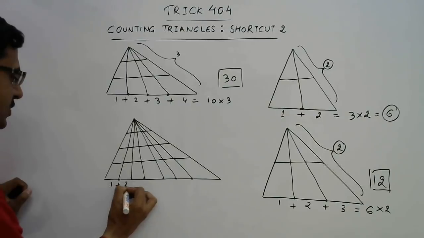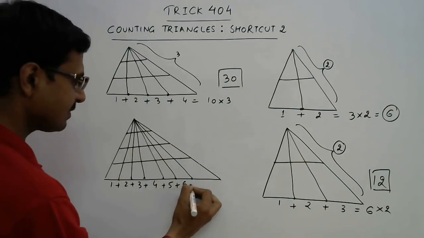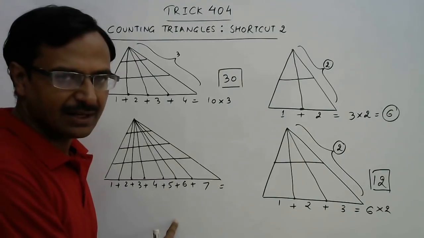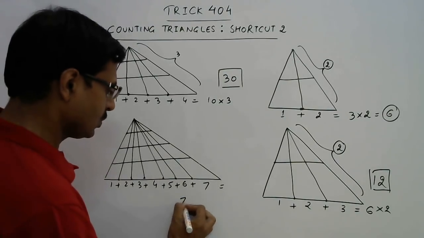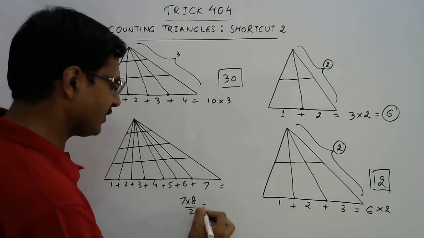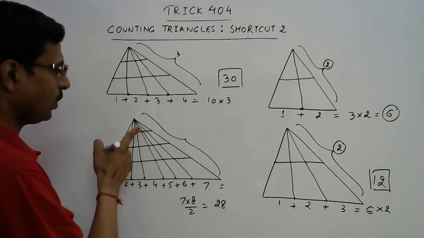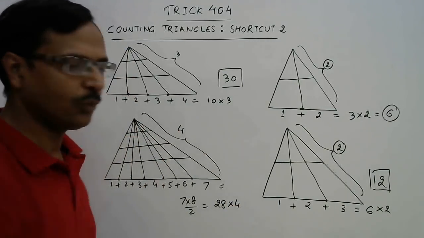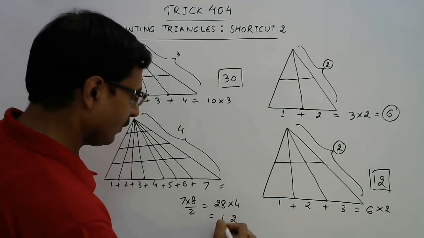So 1 plus 2 plus 3 plus 4 plus 5 plus 6 plus 7, sum of the first 7 natural numbers. 7 into 8 by 2, that is 56 by 2, 28. And how many parts on this side? 1, 2, 3 and 4 parts. So 28 into 4, you get your final answer as 112.